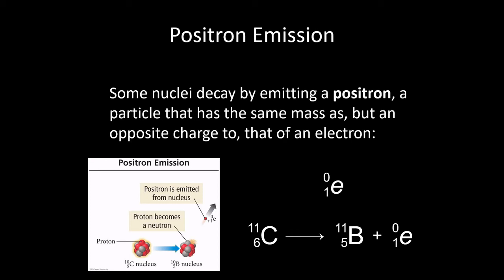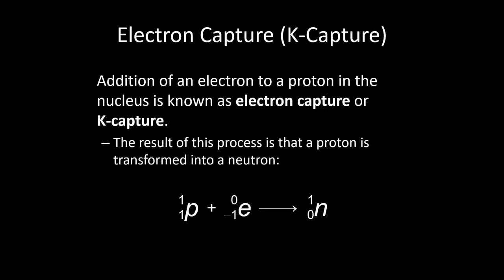And you'll get a big gamma burst as a result of that, which we'll talk about a little bit more when we get to PET scans, because that's actually how PET scans work. You put a positron emitter inside your body, and then you get to shoot gamma rays from inside your body, which is kind of cool and kind of crazy at the same time. So that is positron emission, and like I said, we'll do examples of some of these in just a minute.